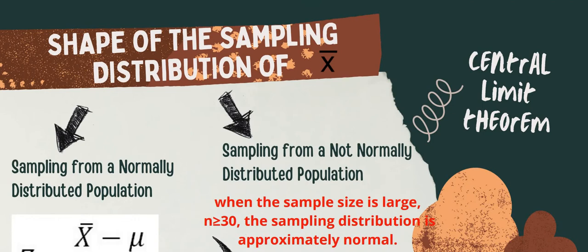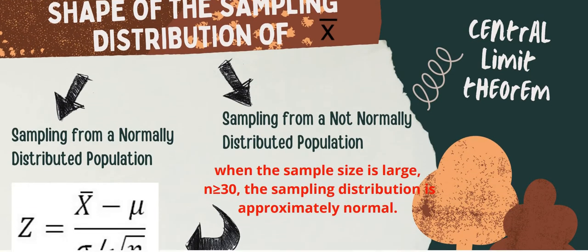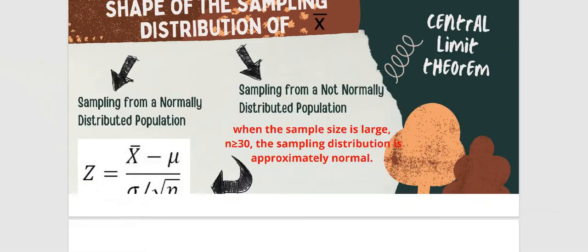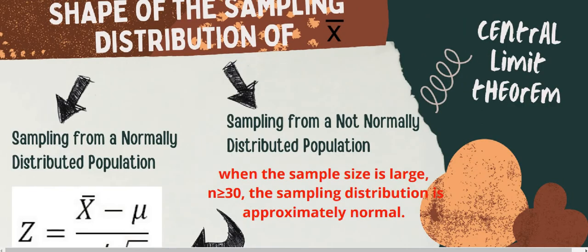Okay, next. The next one is the shape of the sampling distribution of sample mean. Okay class, in the previous chapter, chapter 4, you learned about the shape or the type of distribution. We have the normal distribution and also the standard normal distribution.